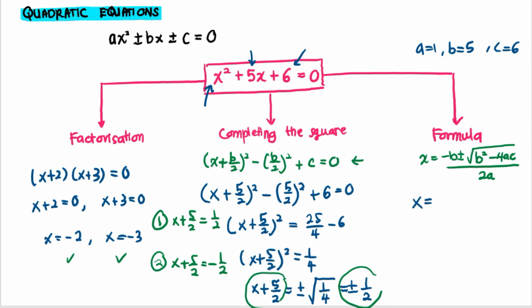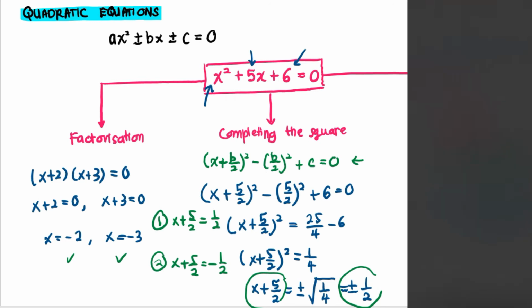You have something like x equals negative 5 plus minus square root of b squared, which is 25, minus 4 multiplied by 1 multiplied by 6, divided by 2a. 2a is actually 2.